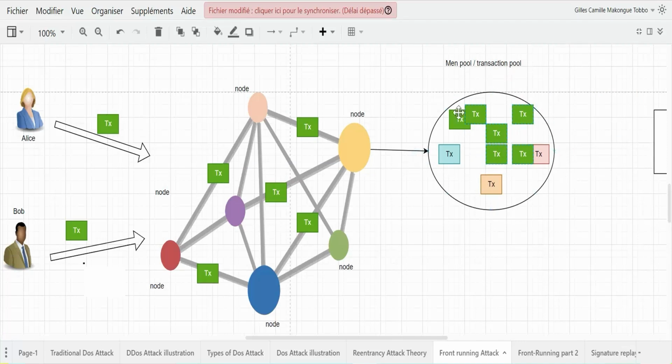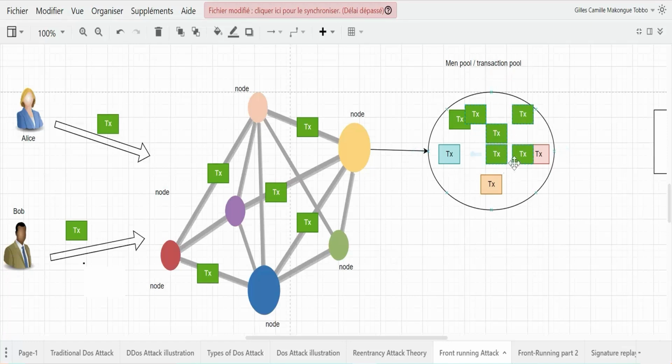So the mempool is going to be saturated because Alice and Bob are going to send a huge amount of transactions under a certain period of time, and it will cause network congestion. The network is going to be congested because there are many transactions, and all of them are going into the mempool because they are yet to be mined.